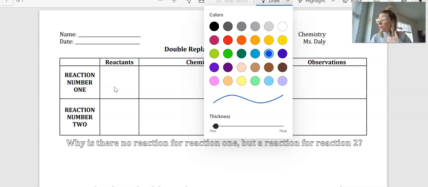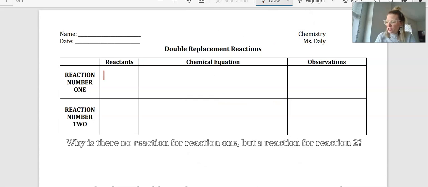So the first reaction that I wanted us to take a look at, but I just didn't have the materials that I usually do in class, is the reaction using sodium chloride as a reactant, as well as lithium bromide.